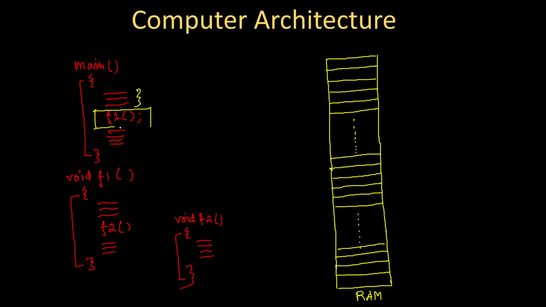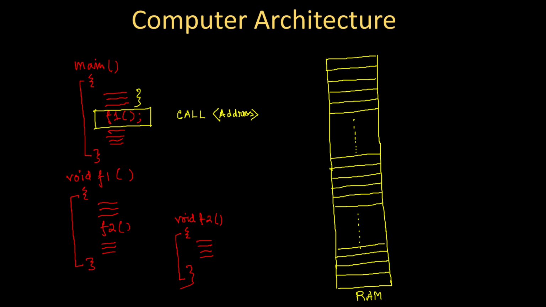I mean the line when the function call is happening. There is a specific instruction, call, then an address we have to write. An address of what?